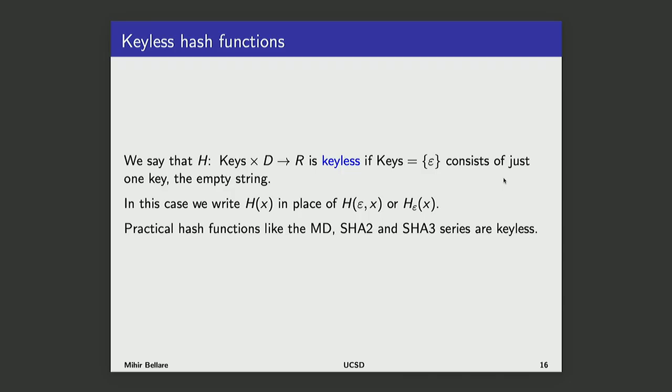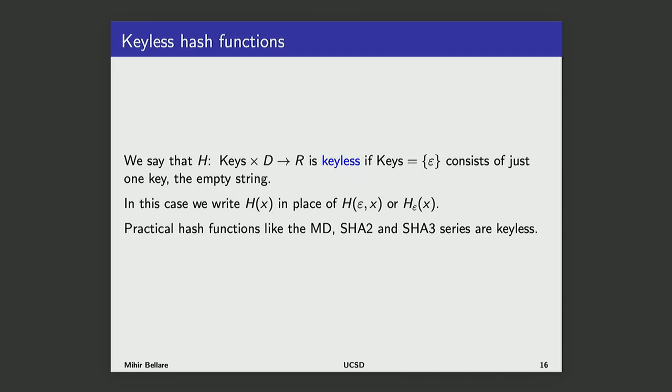Now, we developed hash functions as families, so they're allowed to have keys. But it turns out in practice, they often don't have a key, and that makes them what we call keyless. From the point of view of our formalism, we can view that as saying that the set of keys is just the empty string, so there's only one choice of the key anyway.